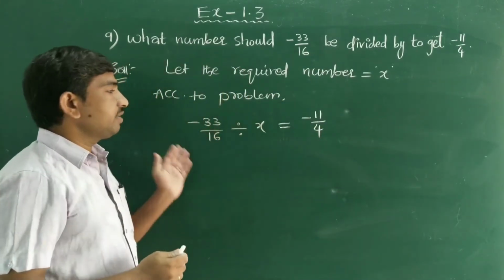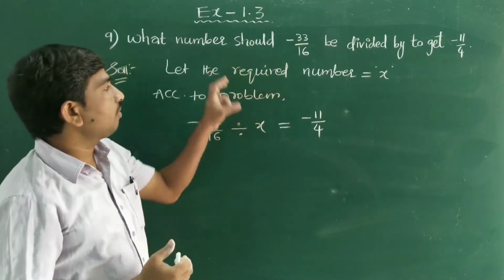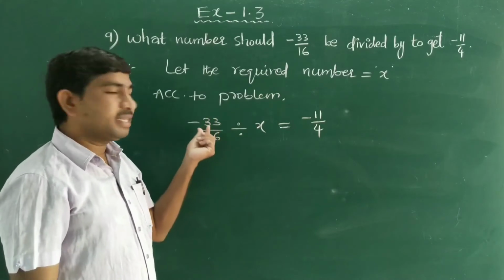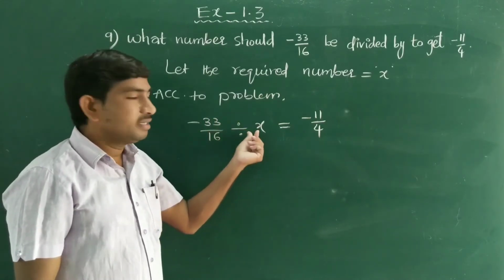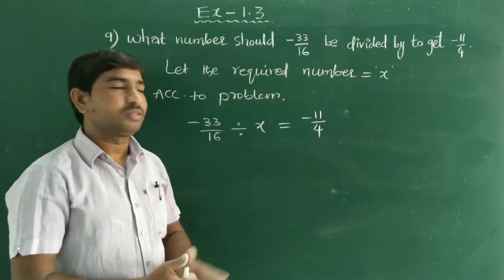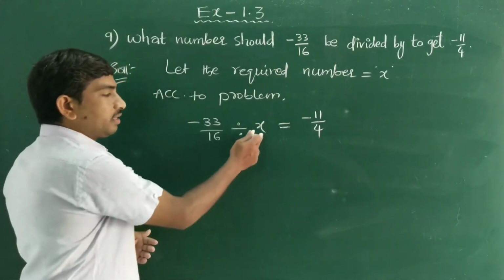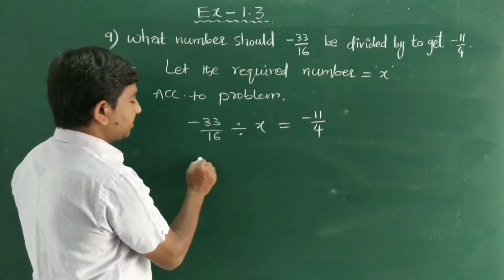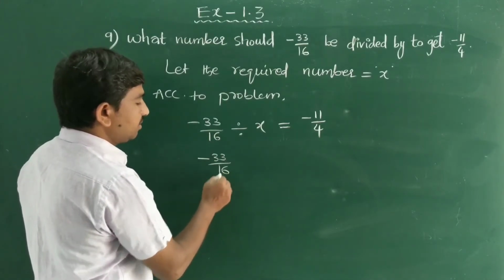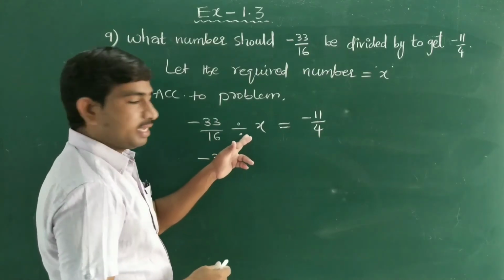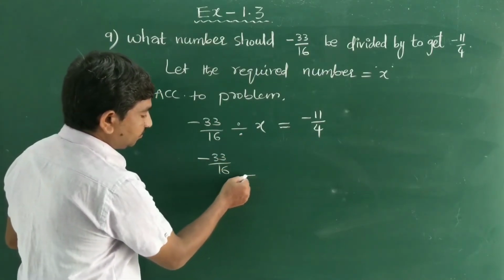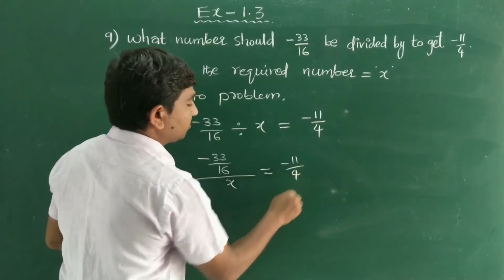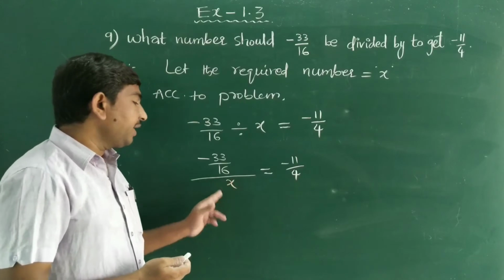So this equation we can write according to the given problem: minus 33/16 divided by x is equal to minus 11/4. Now we have to find the required x value.